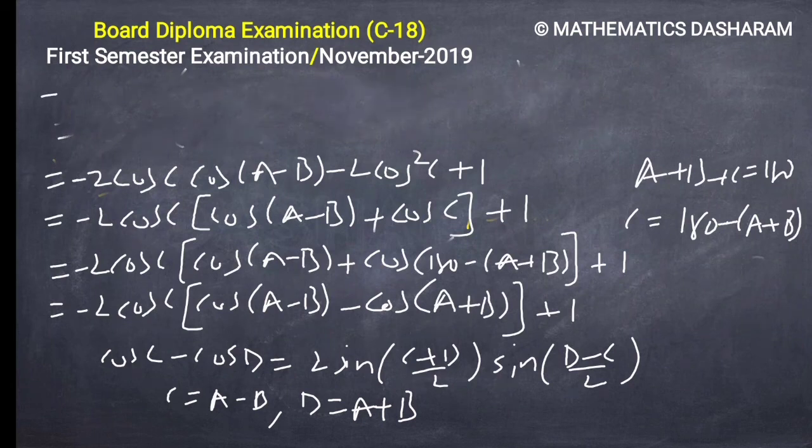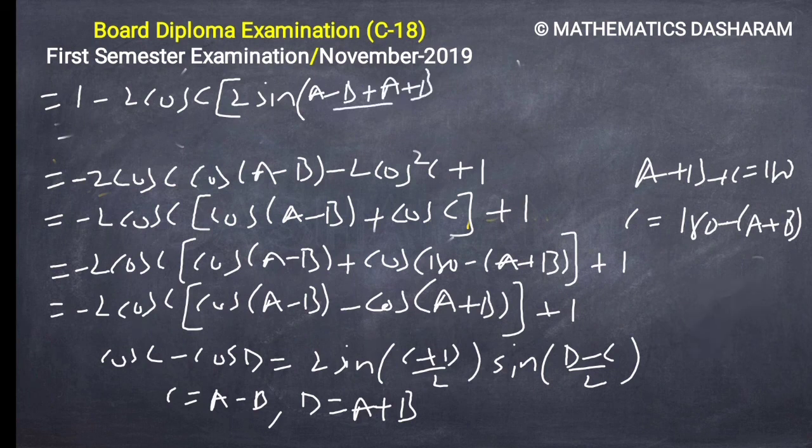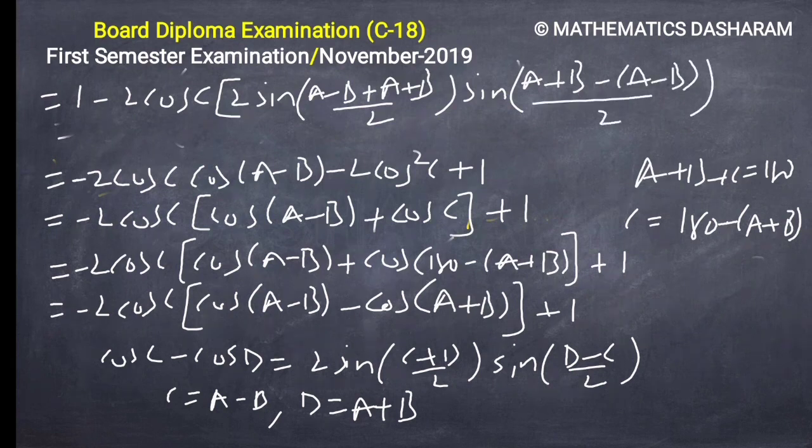So now write 1 in the first place, minus 2 cos c into, so here 2 sin (a plus b) by 2, sorry, (c plus d) by 2, that means (a minus b plus a plus b) by 2 into sin (d minus c) by 2, d value a plus b minus c value a minus b, divided by 2.